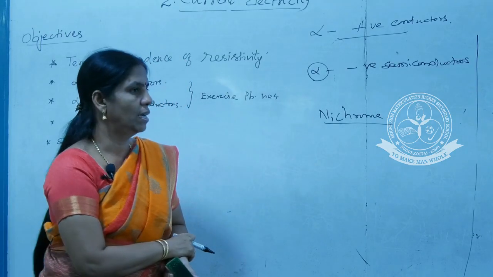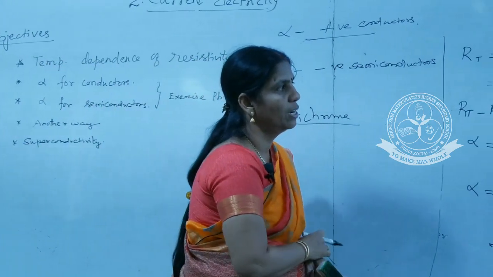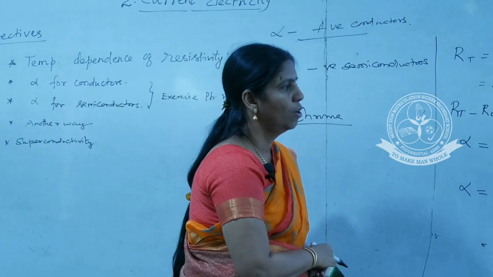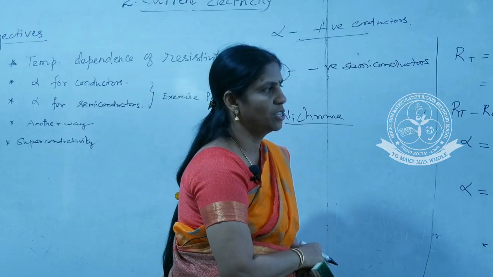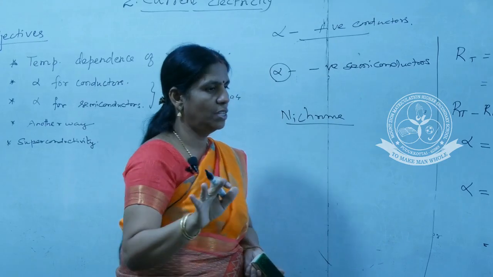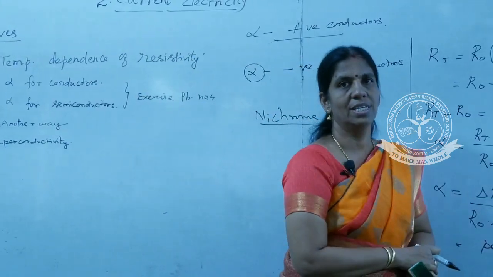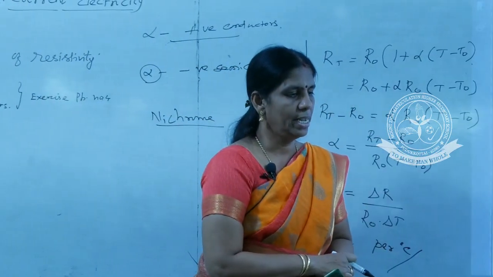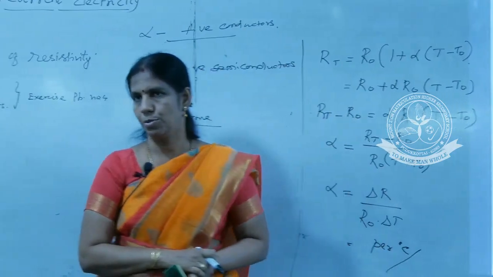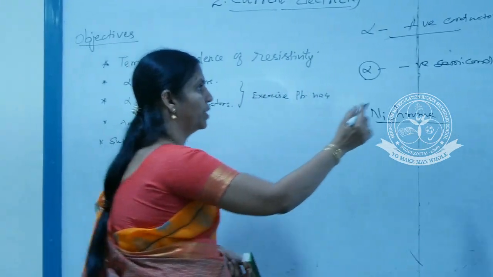You may just refer to problem number 4 from the exercise, page number 124. You are asked to calculate what the resistance is at 100 degree Celsius. We can use the expression we learned previously.